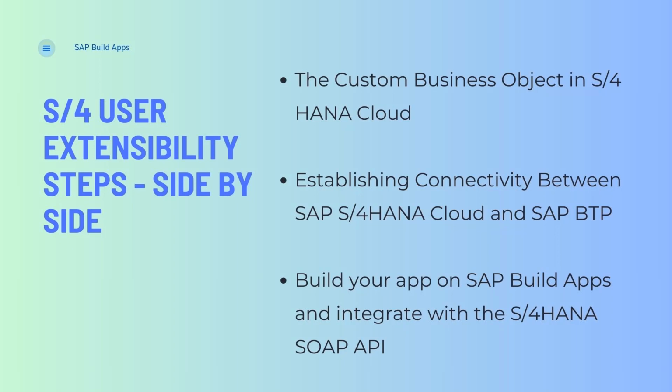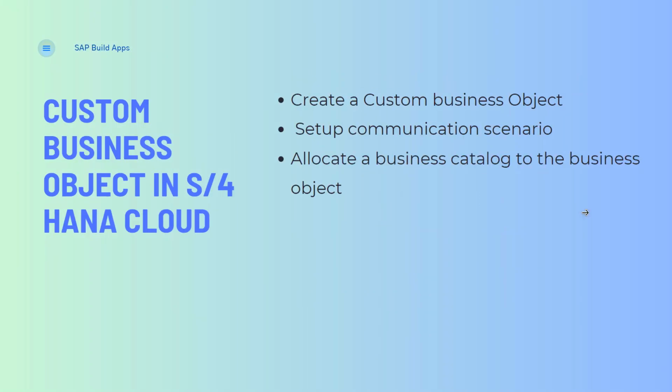Now let's drill down and take a look at, again at a very high level, the steps you will need to take. In order to build custom business objects in S4HANA Cloud, first you're going to build a custom business object. Then you're going to set up the communication scenario, and then you're going to allocate a business catalog to the business object. This is what is going to allow you to communicate to the business object.